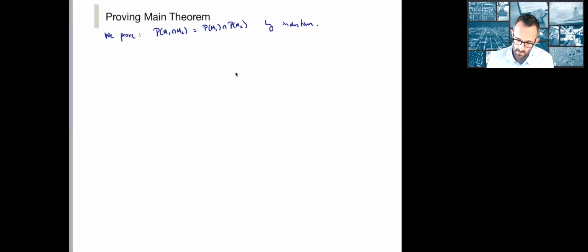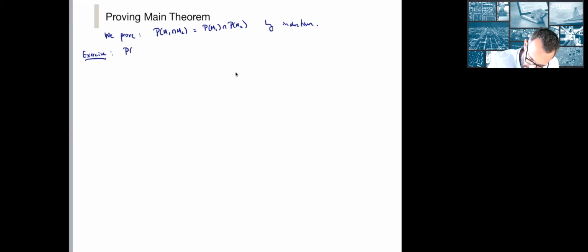So let's assume that these sets are different. Or let's back up. One inclusion is clear. I'll just leave this as an exercise. It really is just making sure you understand the definitions.